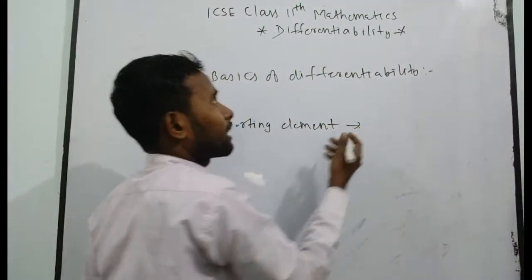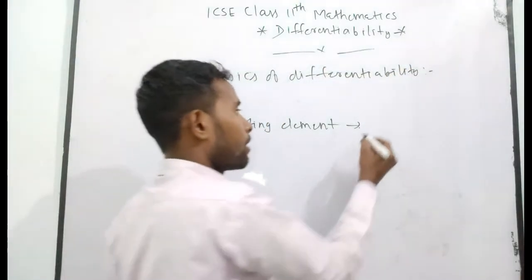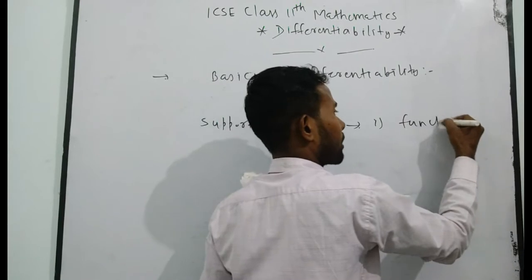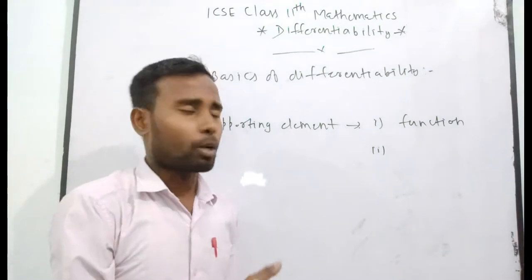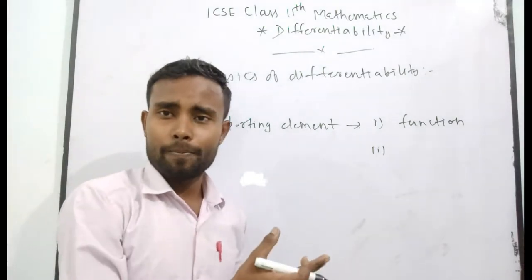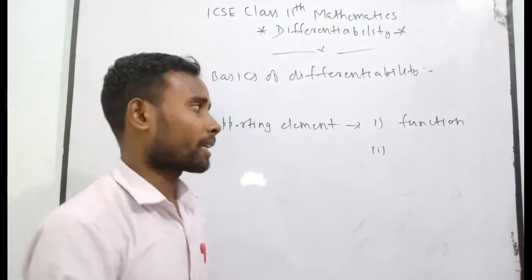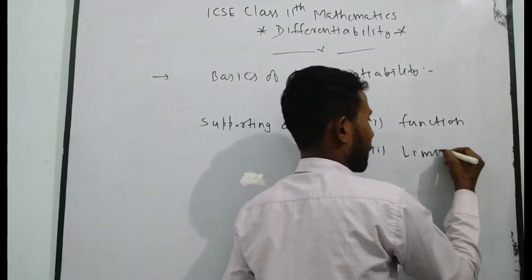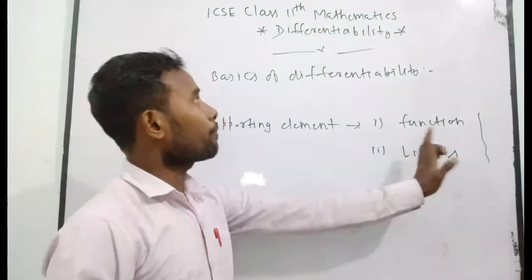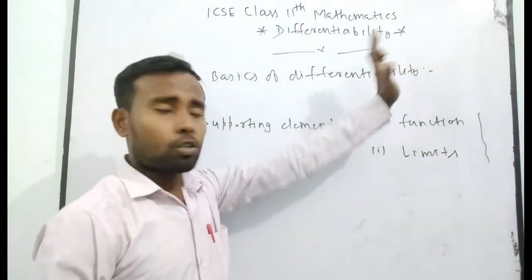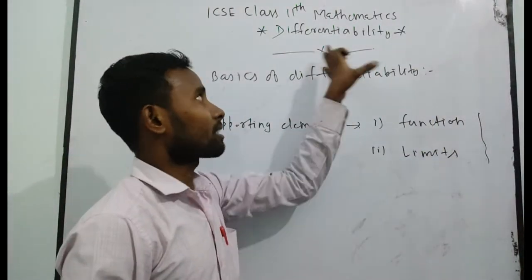If you want to learn differentiability very well, first learn functions very well. Trigonometry also comes under functions, because a trigonometric function is a kind of function, so I don't write it individually. The second will be limits. These two topics are very important for learning differentiability. So I suggest learning functions first, thereafter limits. Then you can easily understand differentiability.